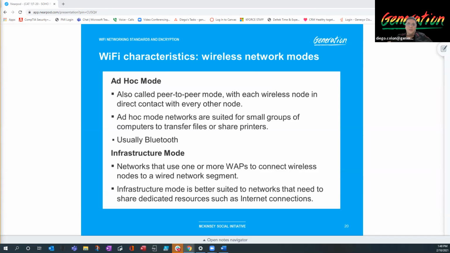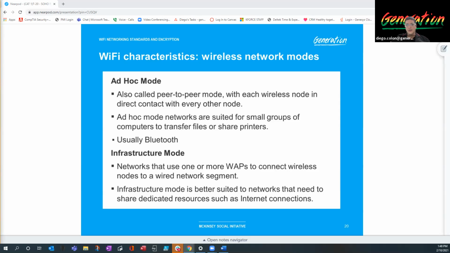Right. Now, infrastructure mode. This is where one or more WAPs, or wireless access points, connect to the actual nodes or the network segment, the wired network segment. Obviously, it acts most likely like a hub or switch, depending on how sophisticated the wireless access point is, to allow you to connect to the network and use all the resources, including, if it has built-in router capabilities, routing you out to the internet.